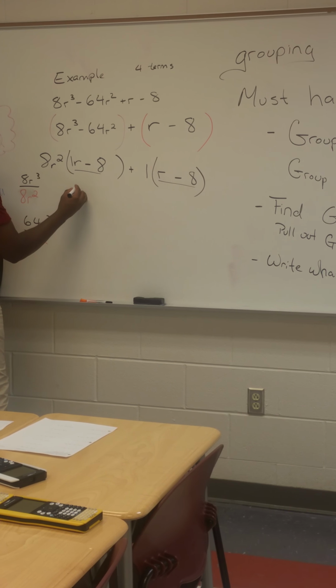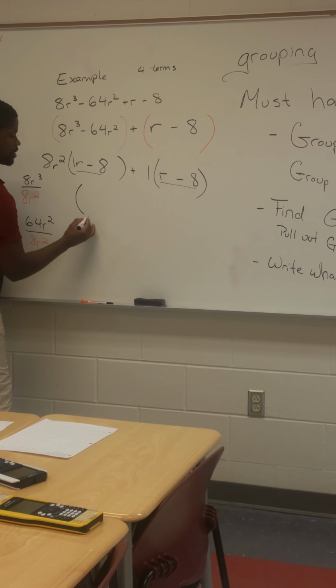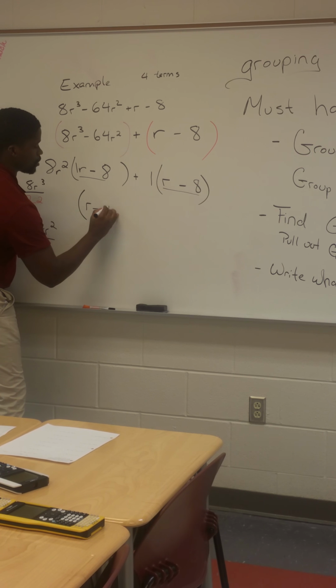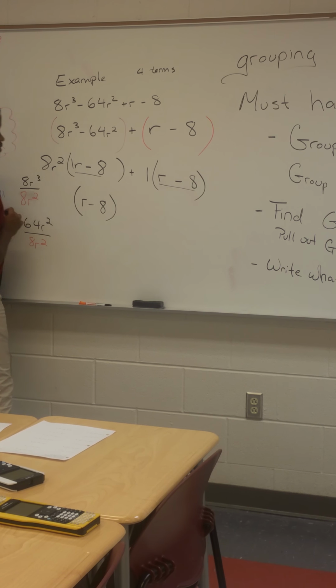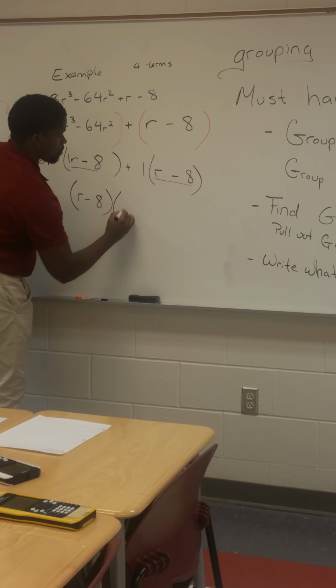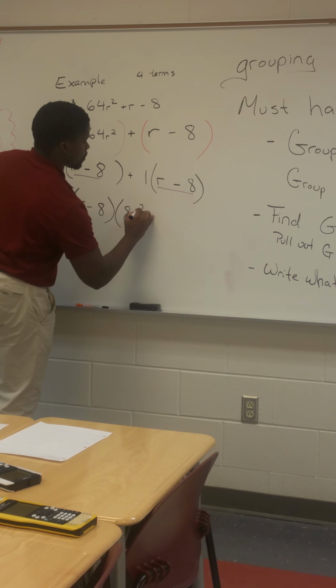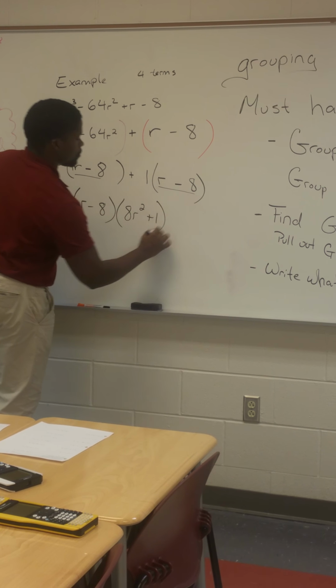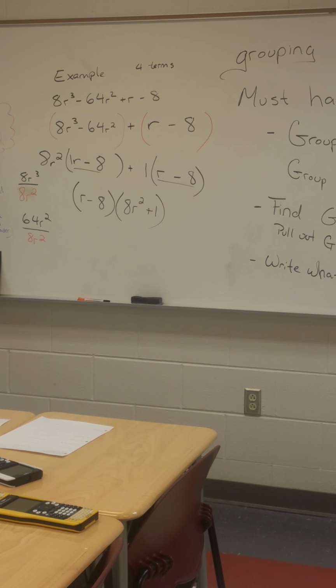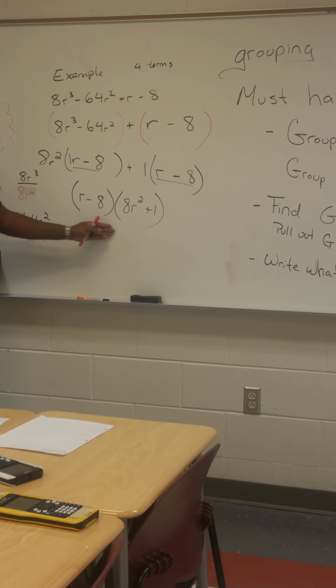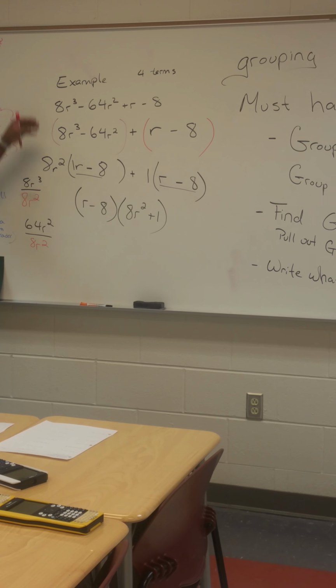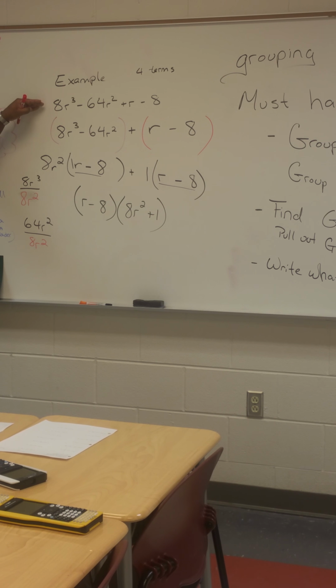And the final step that we cannot forget is to write down what's on the inside, followed by what's on the outside. That would be the completed factored form of your four-term polynomial.